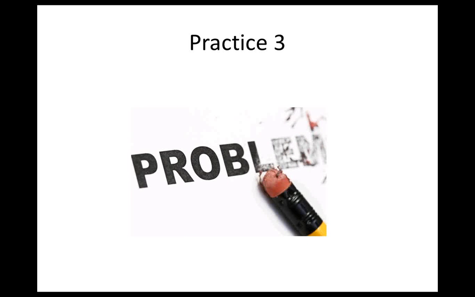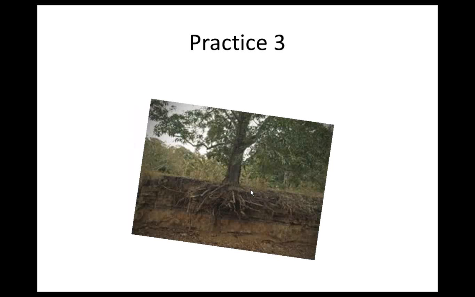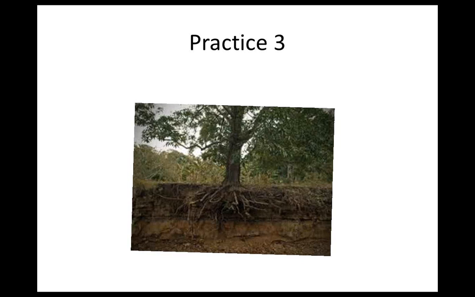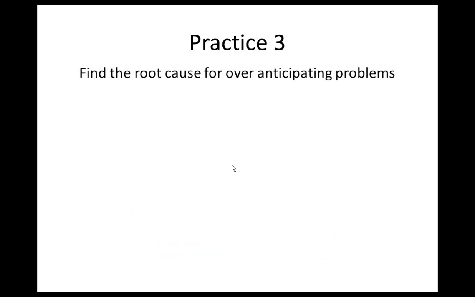Third practice. You are working on another's code or on your own code. You see one problem. Instead of jumping to the solution, always go to the root. And that's practice 3: find the root cause for over-anticipating.